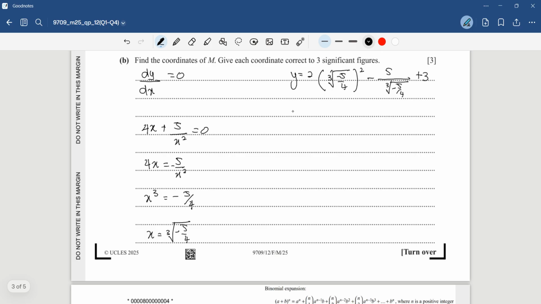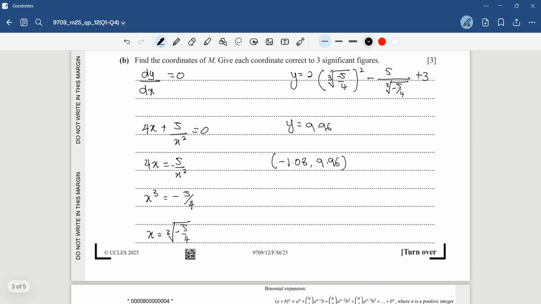So your y will be 9.96, and then your final answer will be, you use the calculator to get this answer: negative 1.08 and 9.96.